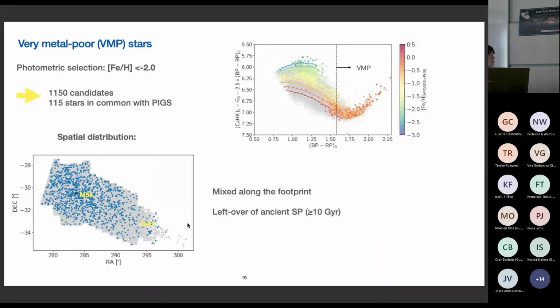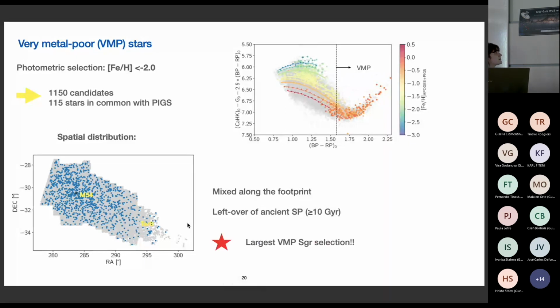And this homogeneous distribution of this old population is telling us that these stars were not recently formed in the center of Sagittarius, but actually they had probably the time, due to the tidal interaction with the Milky Way, to be spread and pushed towards the stellar streams.